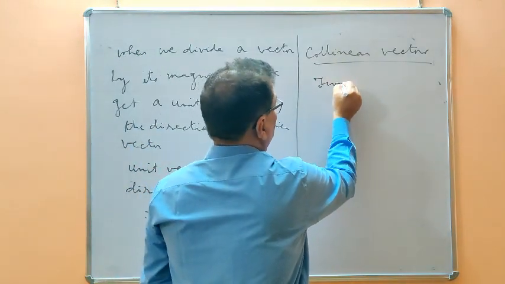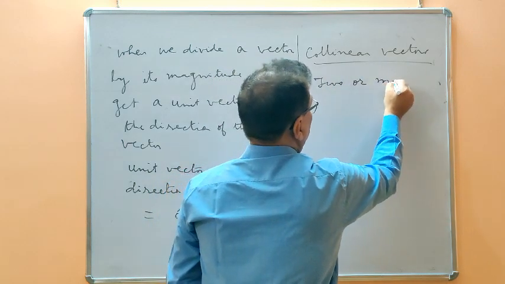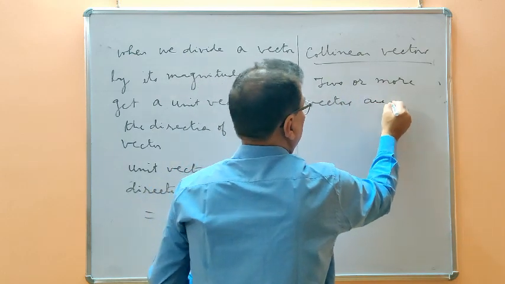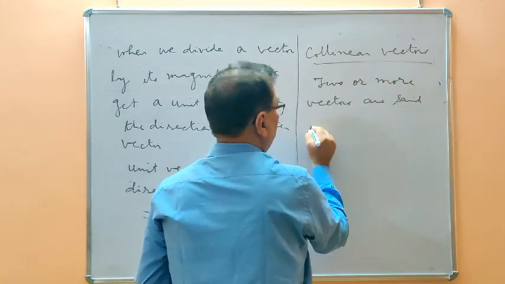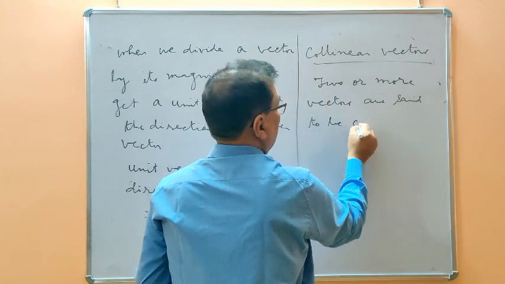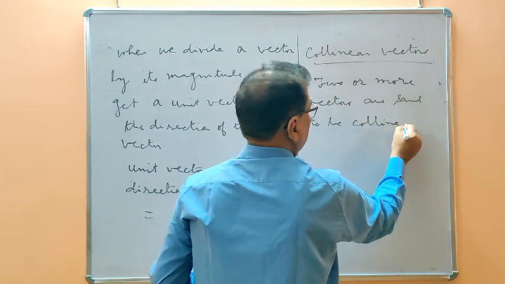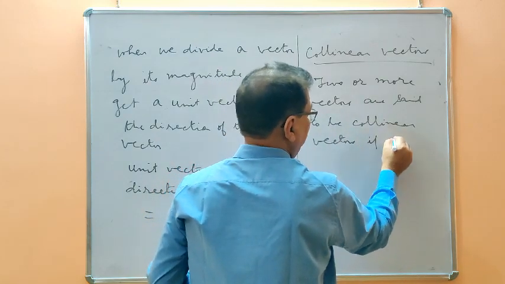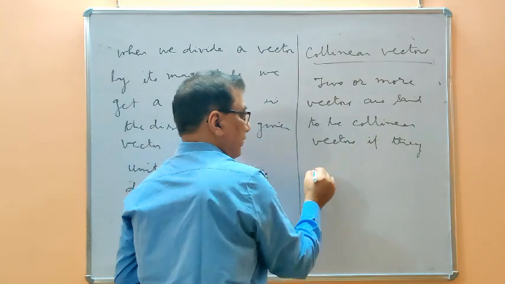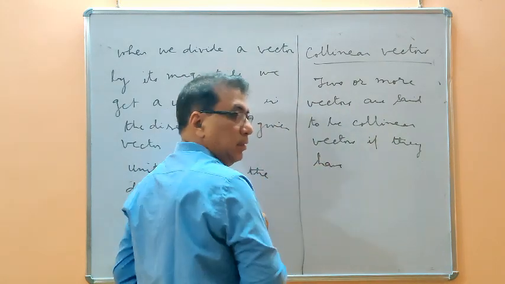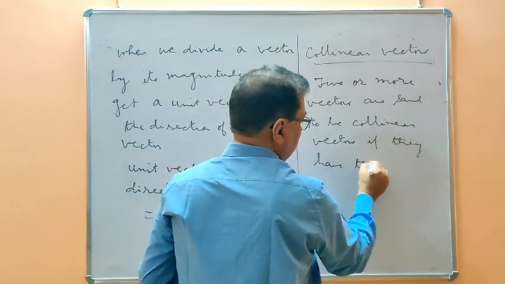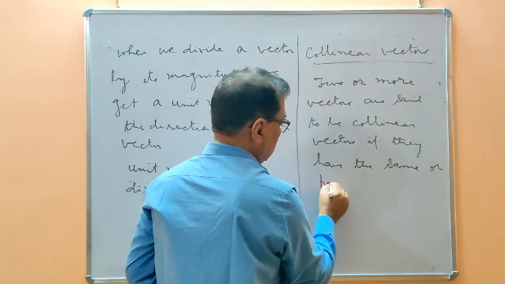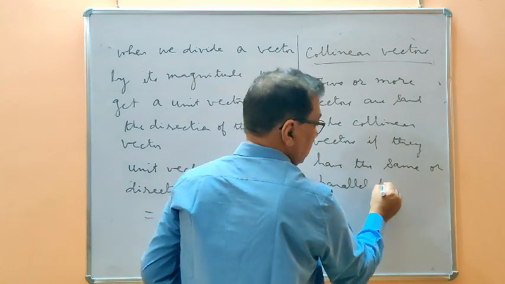Two or more vectors are said to be collinear vectors if they have the same or parallel support.